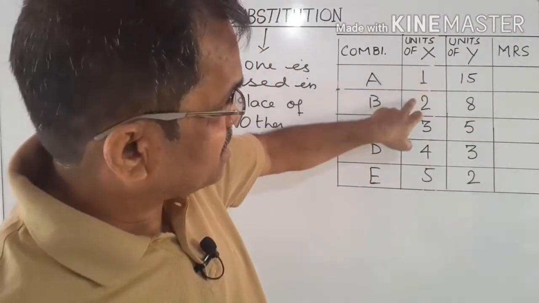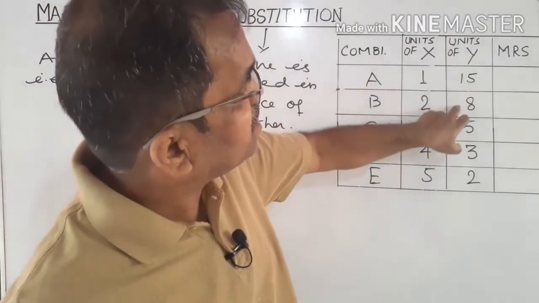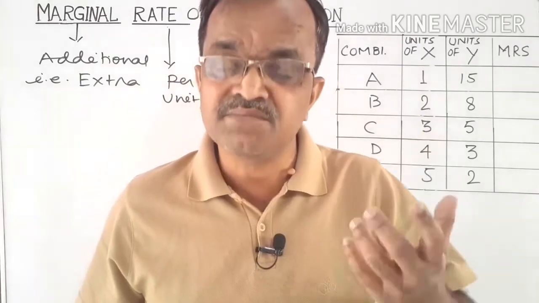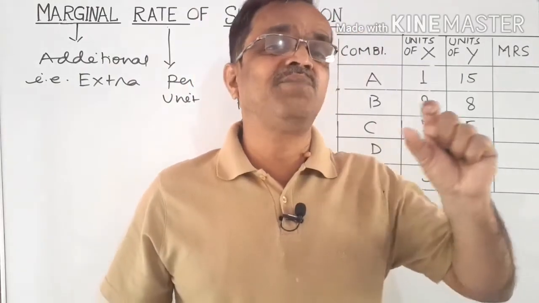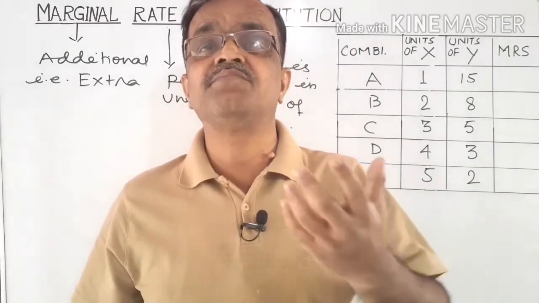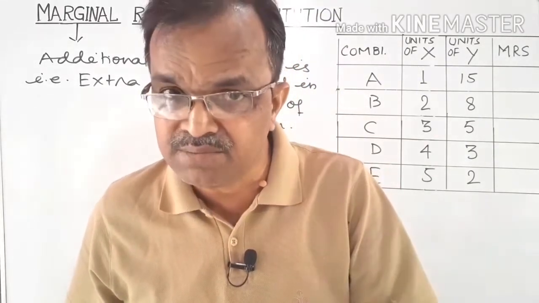यहाँ पर एक का कंजम्पशन बढ़ता जा रहा है और एक का घटता जा रहा है. Why? Because the consumer has a fixed money income, and with that fixed money income the consumer cannot increase the consumption of both the commodities at the same time.